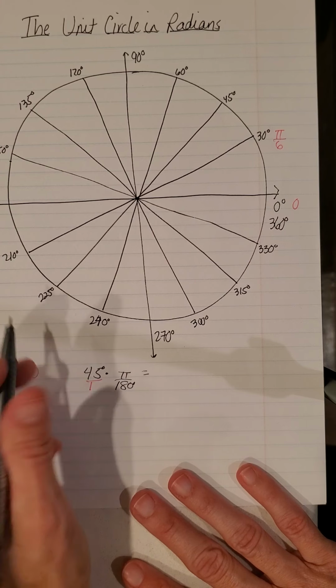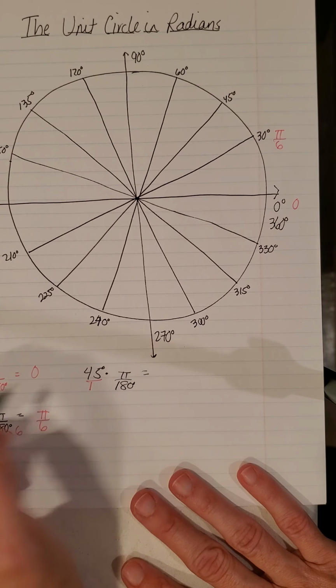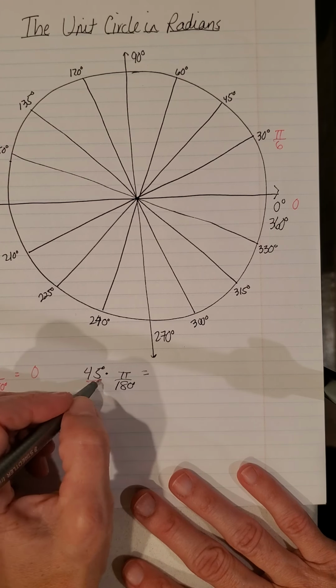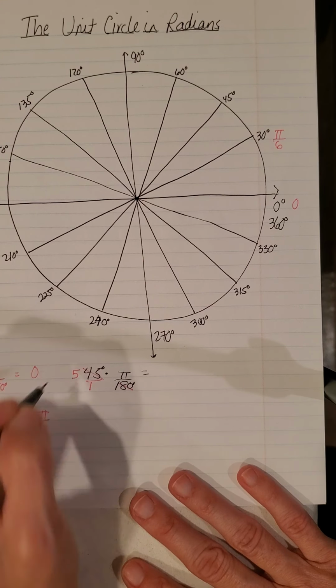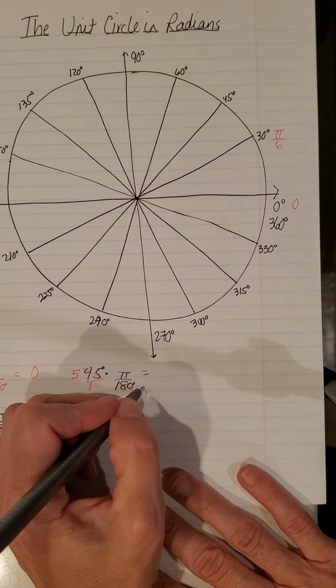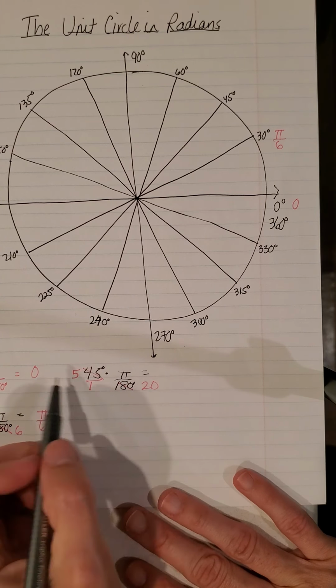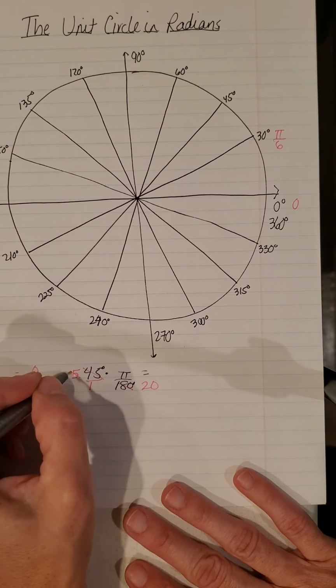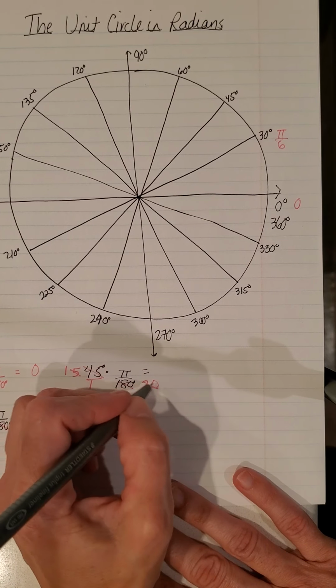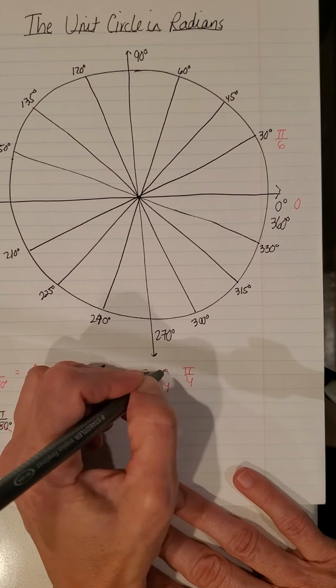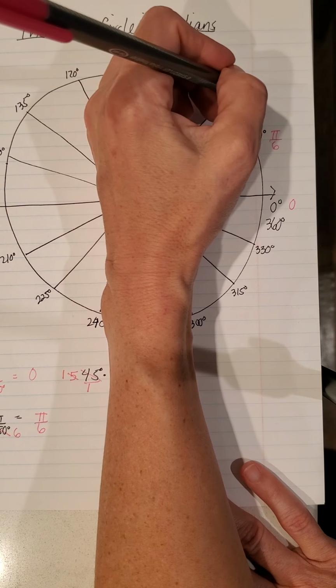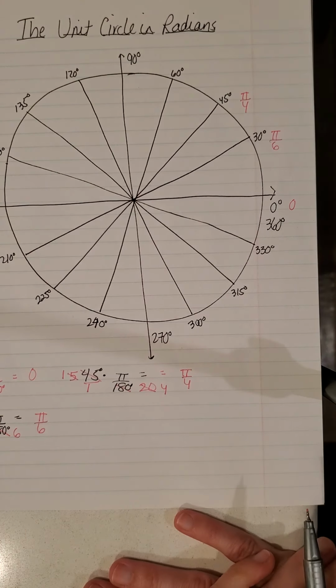For example, I know that 9 goes into 45 and into 180, and I'm going to use 9 because it's easier. 9 goes into 45 5 times. It goes into 180 20 times. Well, 5 and 20 also reduce. 5 goes into itself once. It goes into 20 4 times, and so I get pi over 4. That is the same as 45 degrees, and I'm going to label that pi over 4.